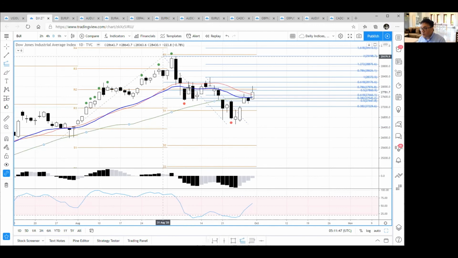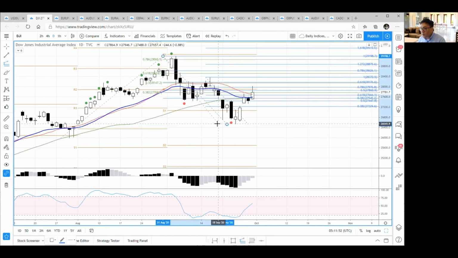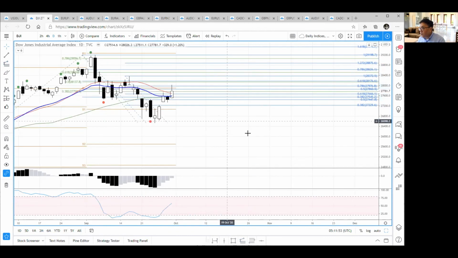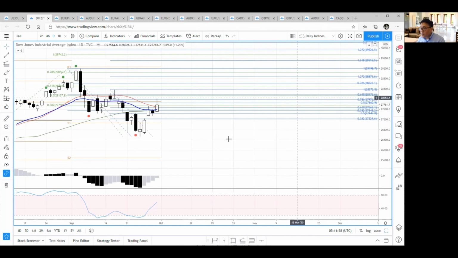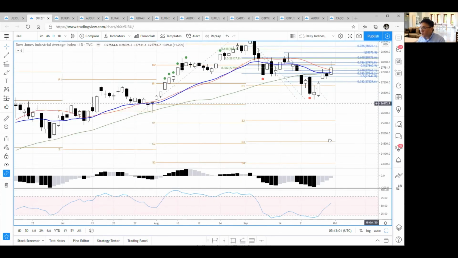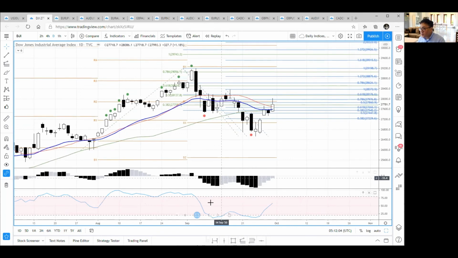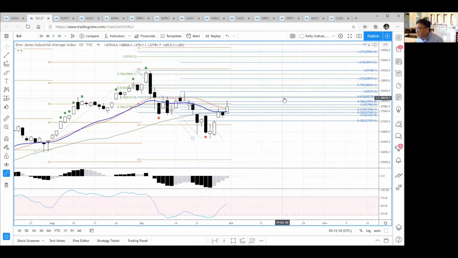Projection. There, so immediate target there. Oh, there's a further point there. Let's check, but yeah, this should be enough for 21,100.